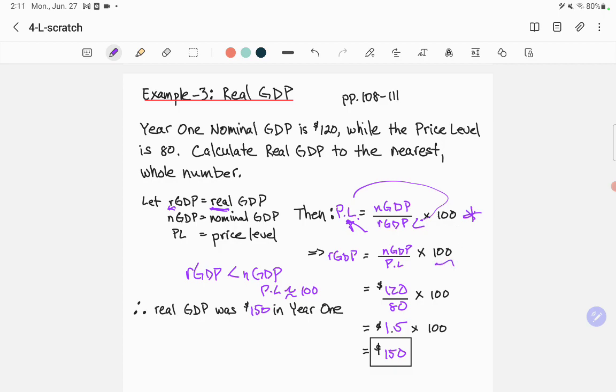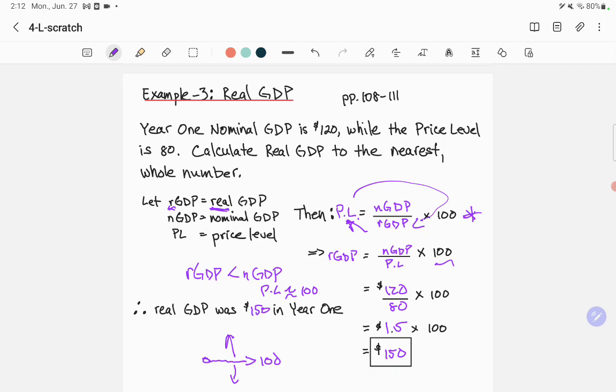What are the units on price level? There are none. It's just a level. 100, 100%, 10 fingers, 10 toes, decimal.